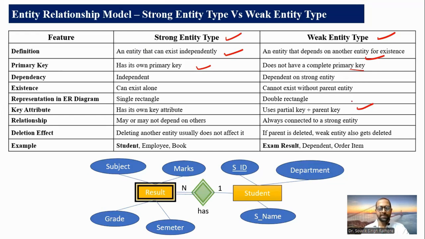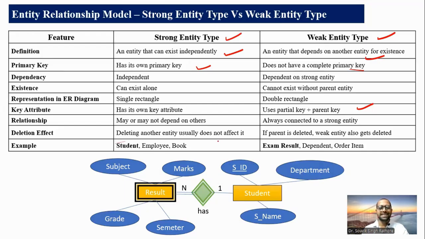In the ER diagram, a weak entity type is represented by a double rectangle as shown over here, and a strong entity type is represented with a single rectangle. One more important thing is the identifying relationship, which is represented using a double diamond. We will study about this later when we study relationships.